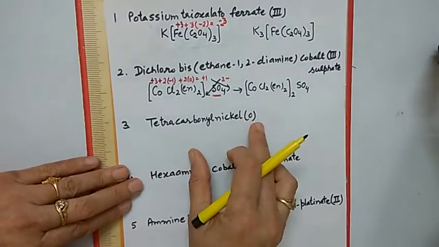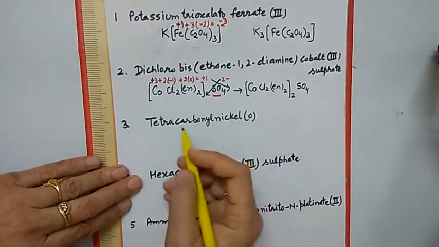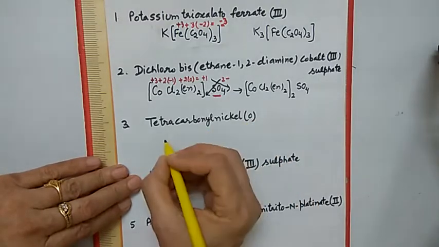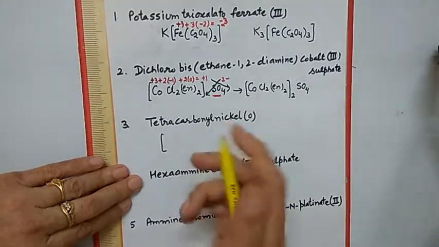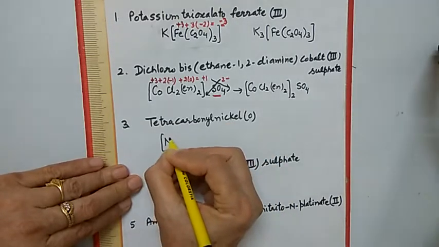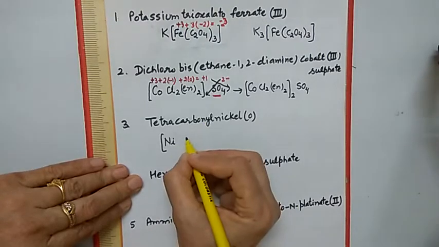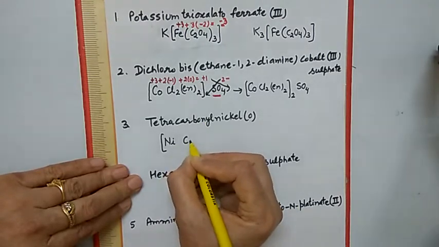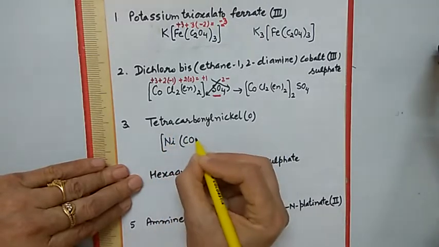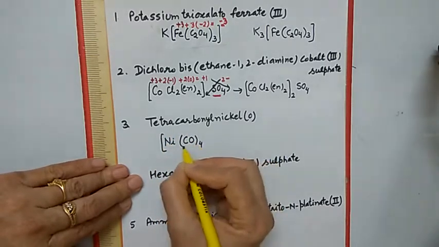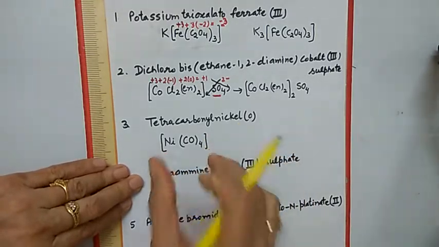Tetracarbonylnickel 0. It is a neutral complex, right? First we will write the symbol of the metal, nickel. The ligand is carbonyl, and the symbol for carbonyl is CO. How many? 4. Put the bracket, write 4 for tetracarbonyl. Now we have to find the charge on this complex.